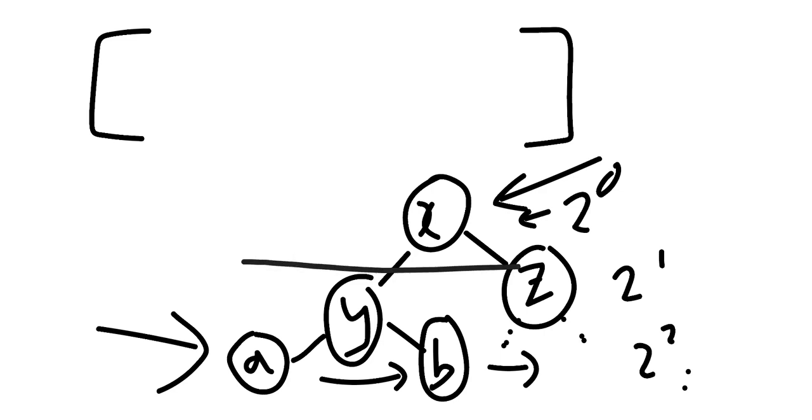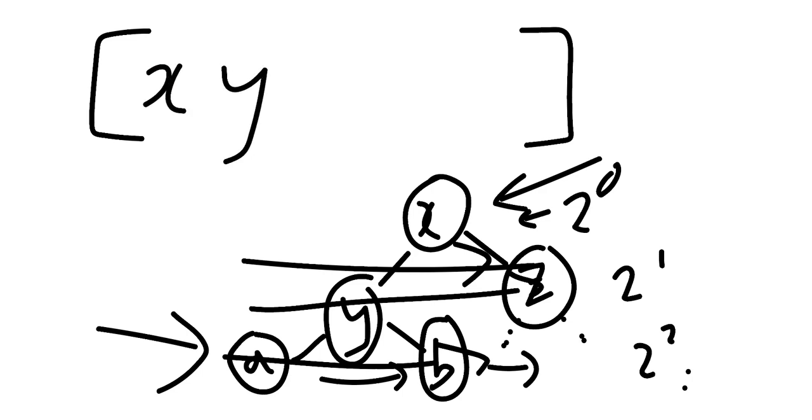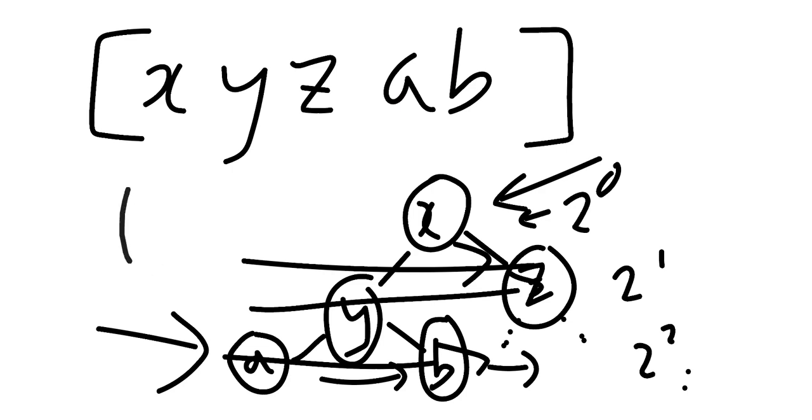We go level by level from left to right, and we store all our elements in that way. So this would just be something like X, Y, Z, A, B for what we see here below, using just a common level order traversal, that's what we get.